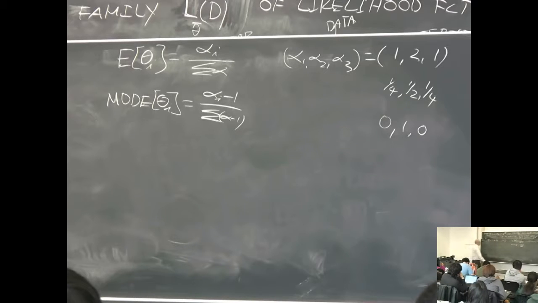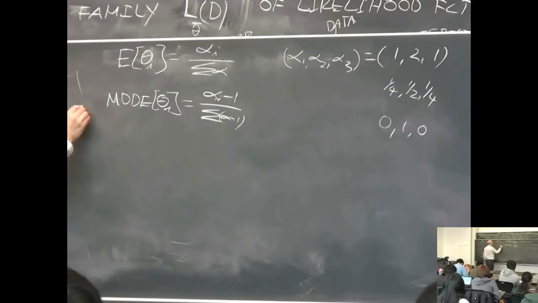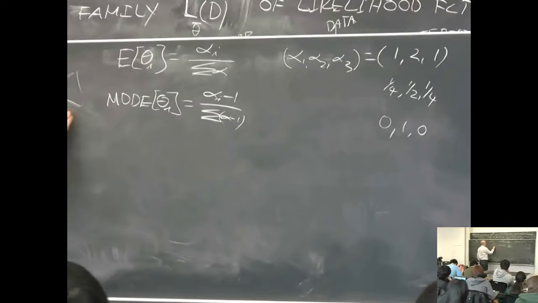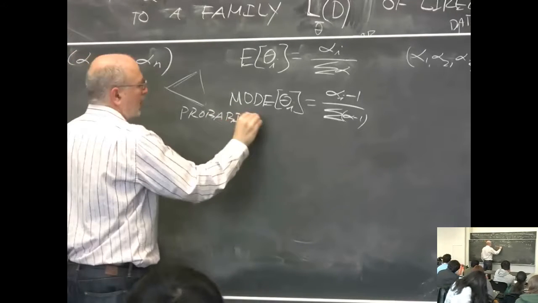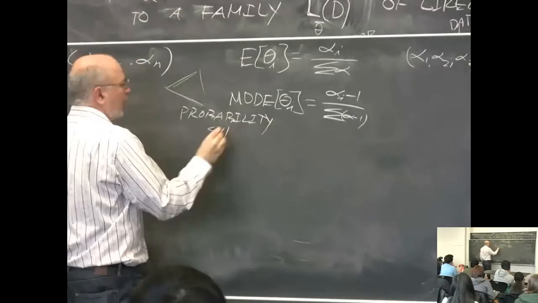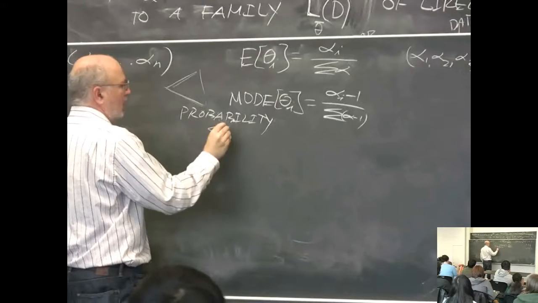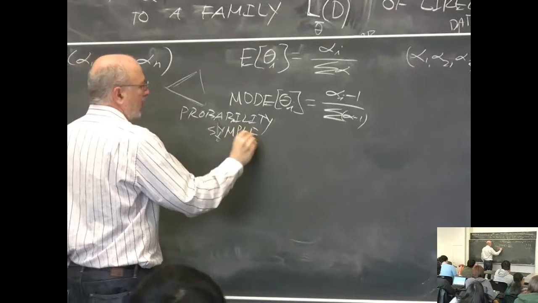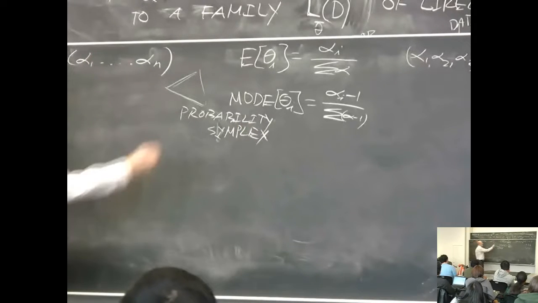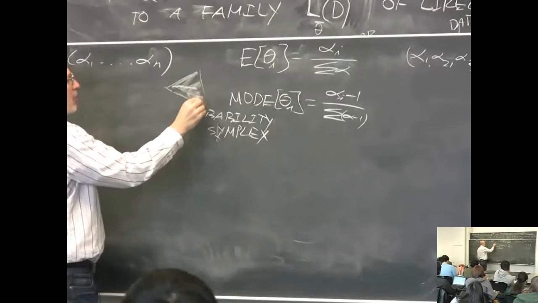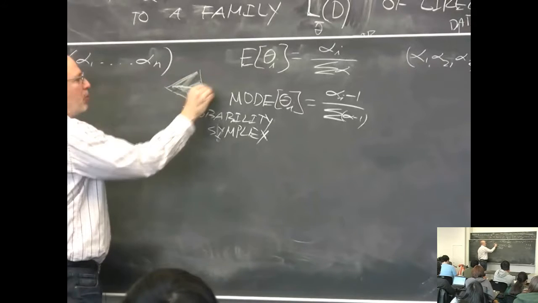Anyway, so you have a probability simplex, which I'm drawing here in 3D because I can't draw it any higher. And to remind you, the probability simplex is such that every point corresponds to a particular multinomial.